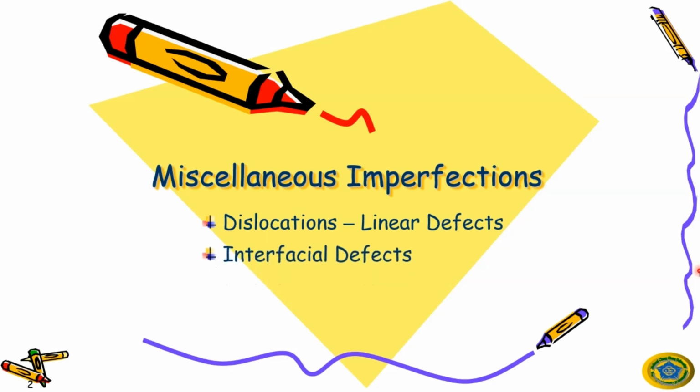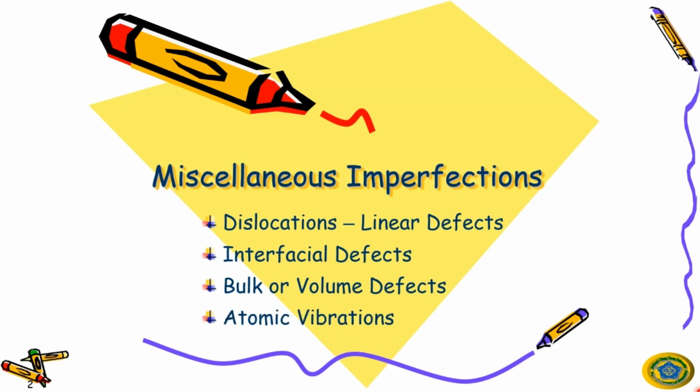The second one is the two-dimensional defect, called interfacial defects. The third one is bulk or volume defects, which are three-dimensional defects. And then the final topic will be atomic vibration, which is related to temperature.